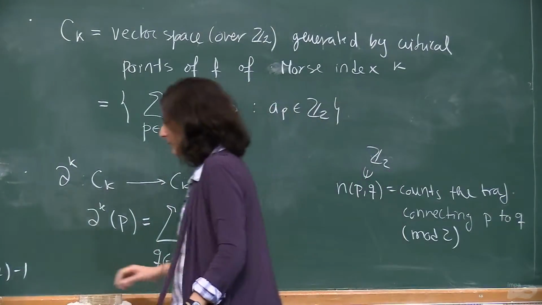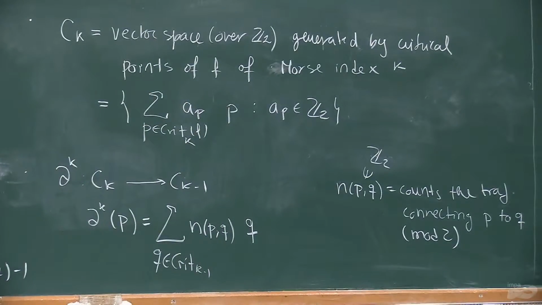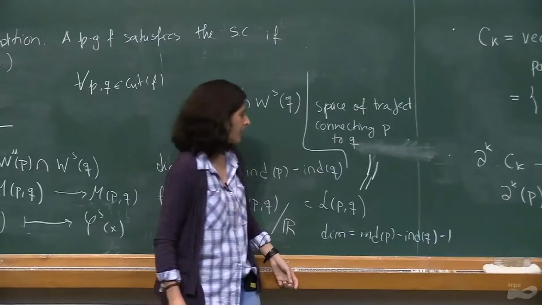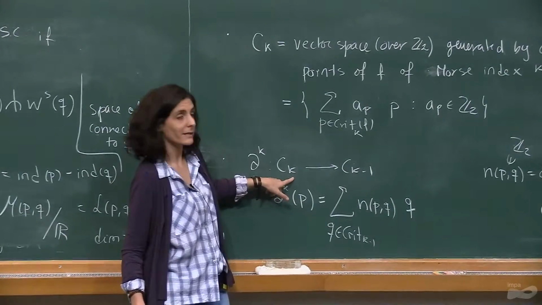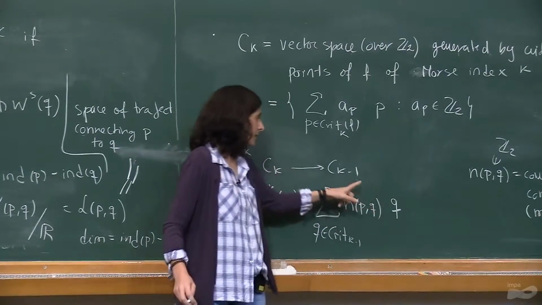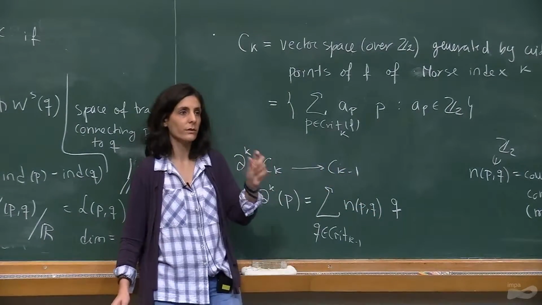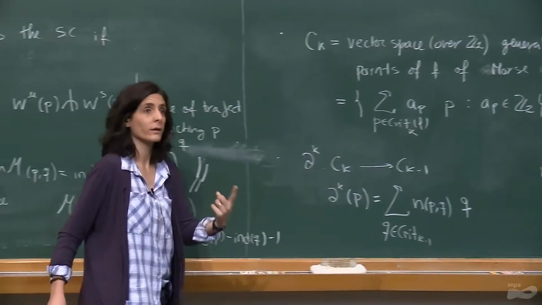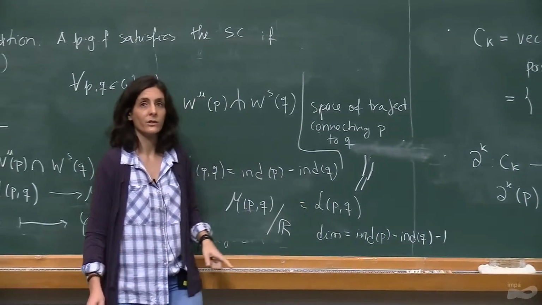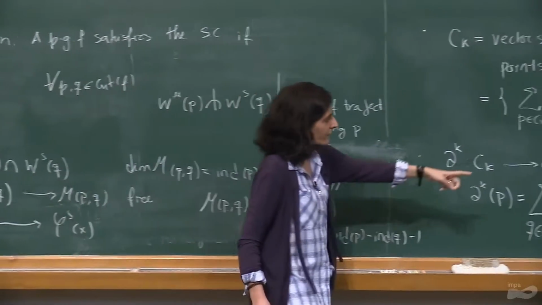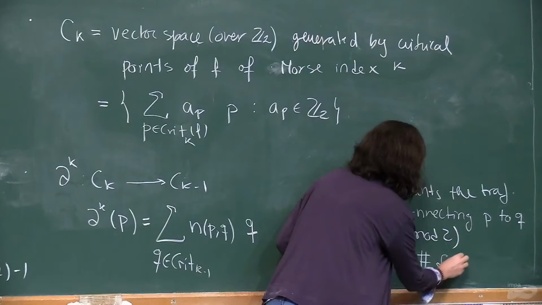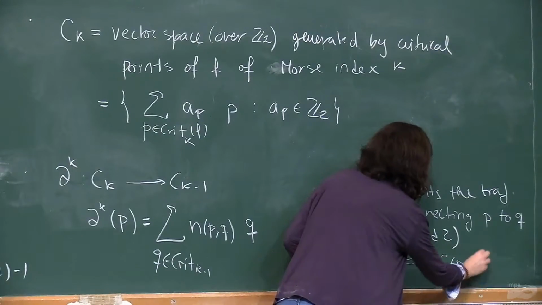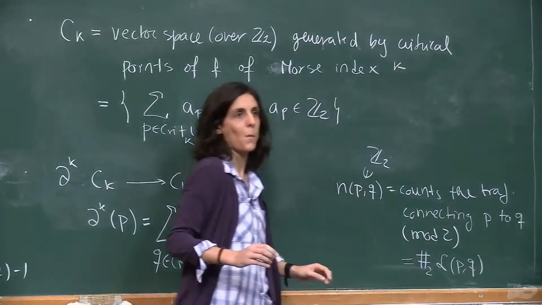We have this space, L_PQ, which is the space of trajectories connecting P to Q. And here, P has index K, and Q has index K minus 1. So the difference of the indices is 1. So this space has dimension 0. So in fact, this number here is the number of elements in L_PQ mod 2. Okay?